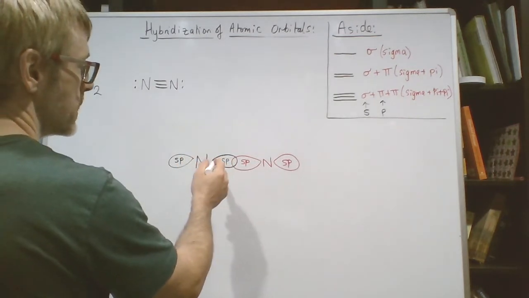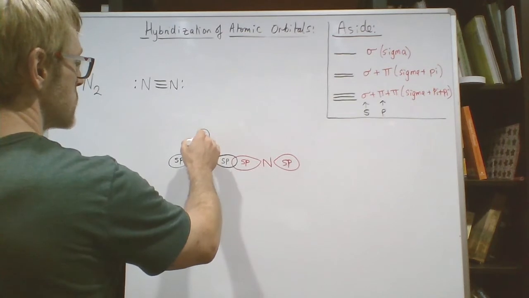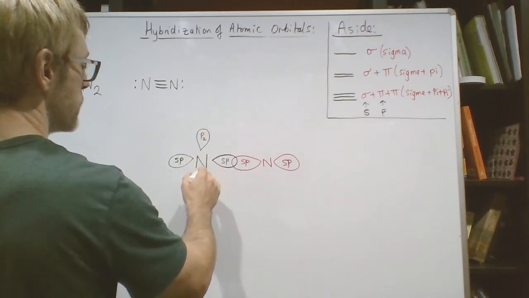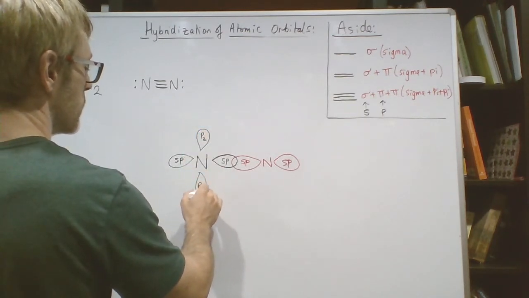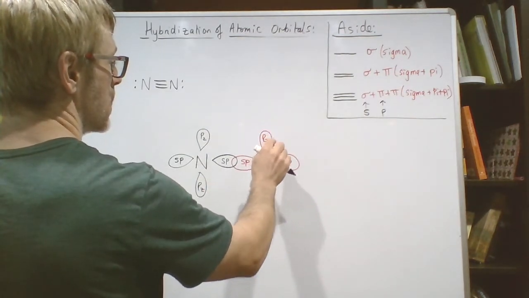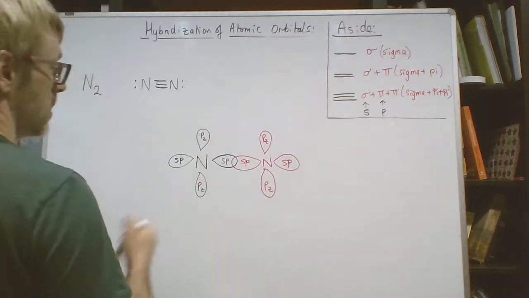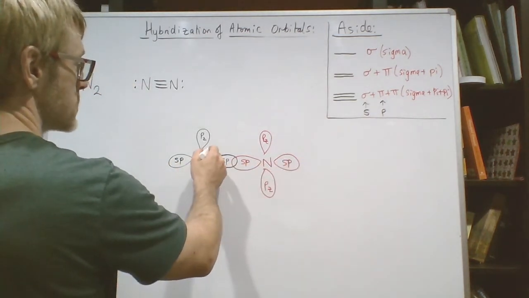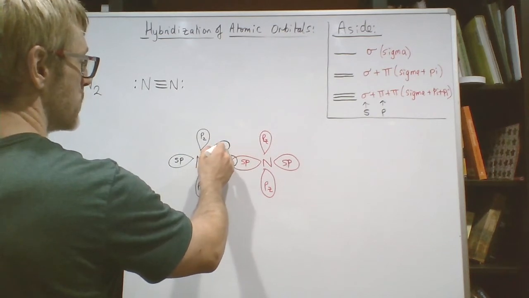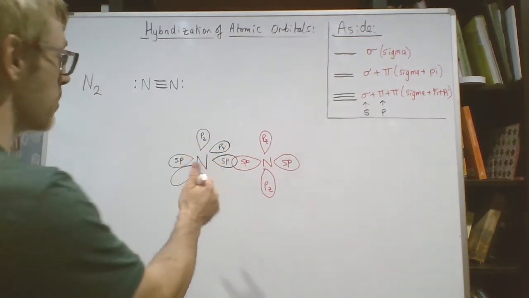We also have 2 unhybridized p's. Let's call them pz, and we're already using the x direction, so let's go ahead and use py, which is supposed to come in and out of the board.